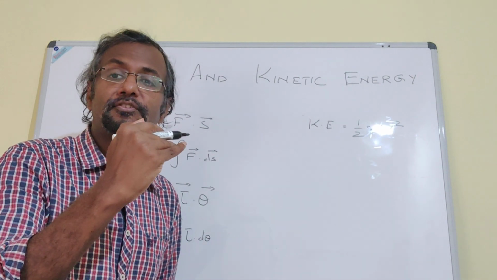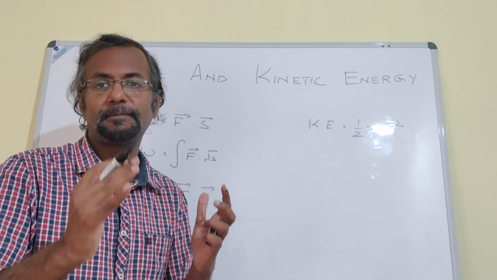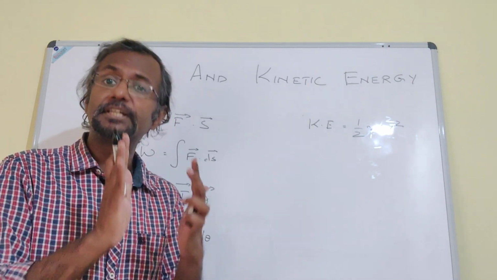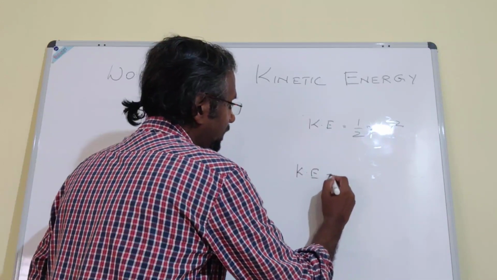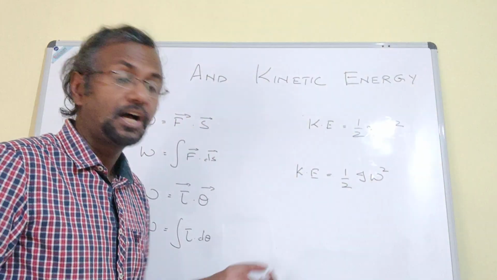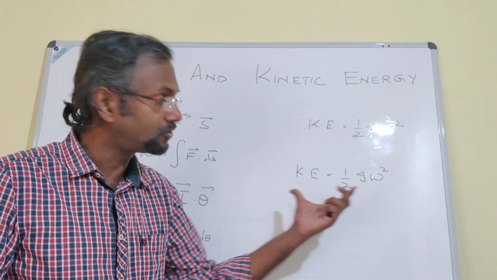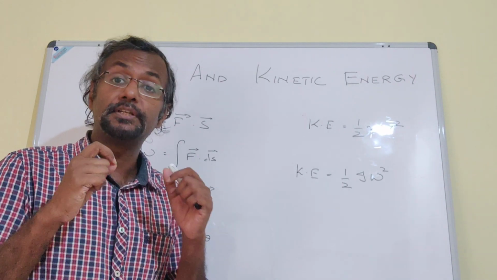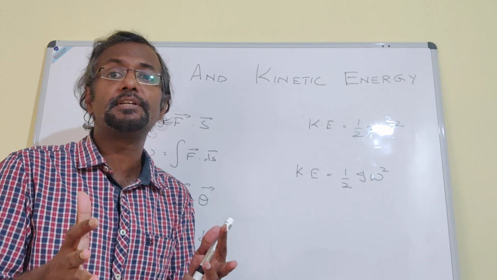And when a body is in pure rotational motion about its axis of rotation, it has kinetic energy, and this is called rotational kinetic energy. We represent rotational kinetic energy by half I omega squared, which is half into the moment of inertia into angular velocity squared. So this is how we calculate rotational kinetic energy, which is the energy by virtue of the state of rotational motion that a body is undergoing, right?